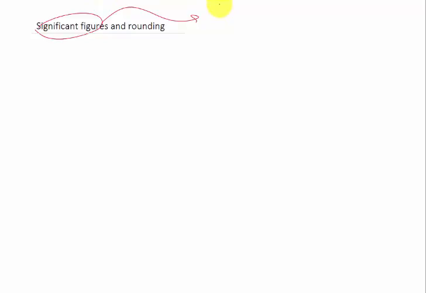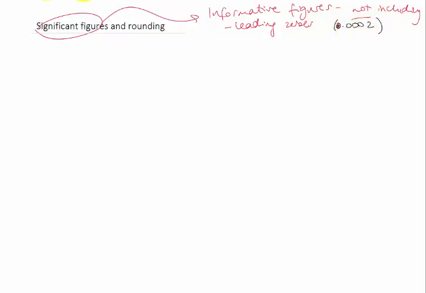So these are informative figures or digits, numbers. So it's not including, this is important, leading zeros. So what do I mean by that? If we've got this number like 0.0002, then all these zeros before the non-zero number, we call them leading zeros.